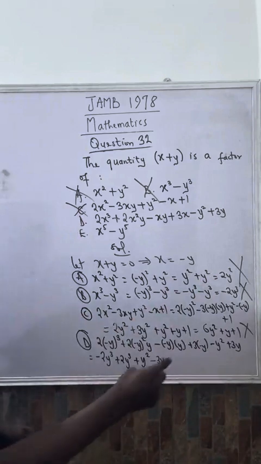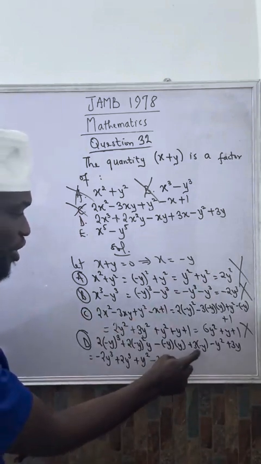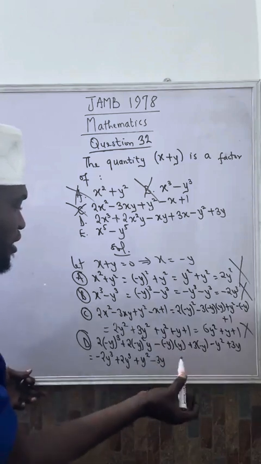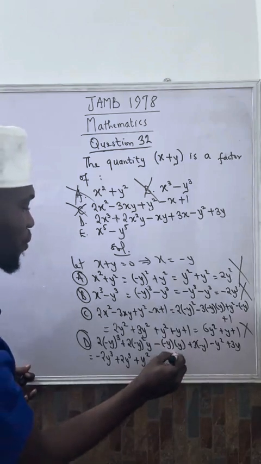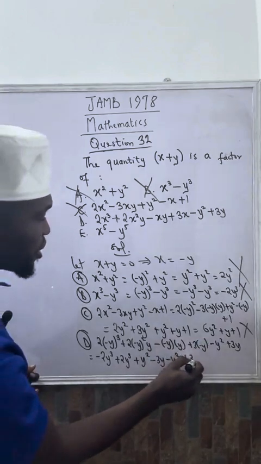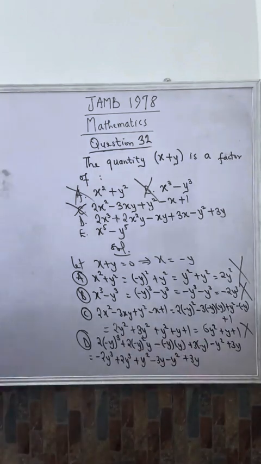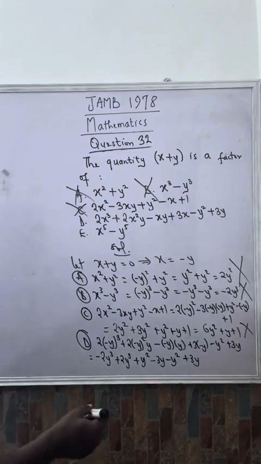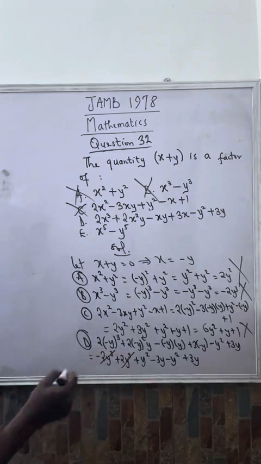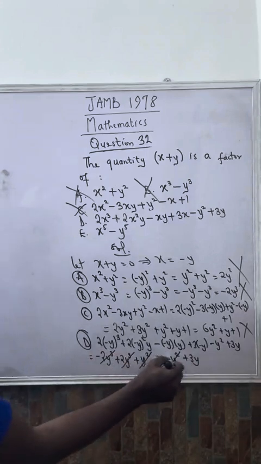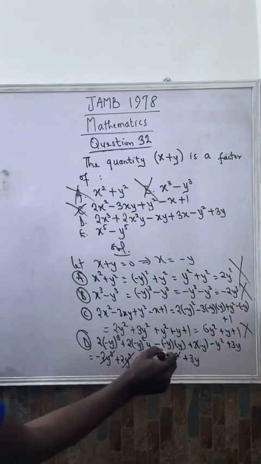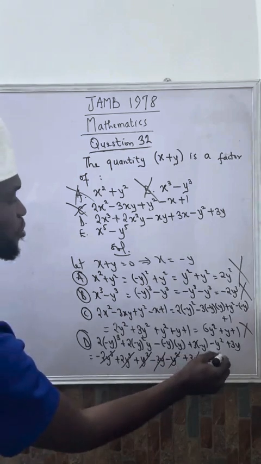So this will be plus y. So from here, if I open this, this will be negative y squared, then from this will be plus 3y. Looking at this, we see that certain things cancel out. So this plus this, 0. y squared and y squared, 0. Minus 3y plus 3y is 0. So the answer will be 0 here.